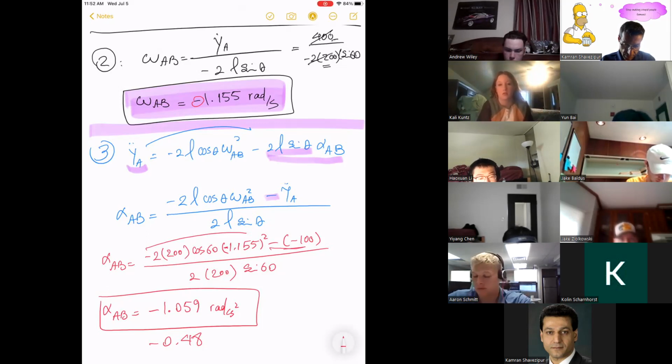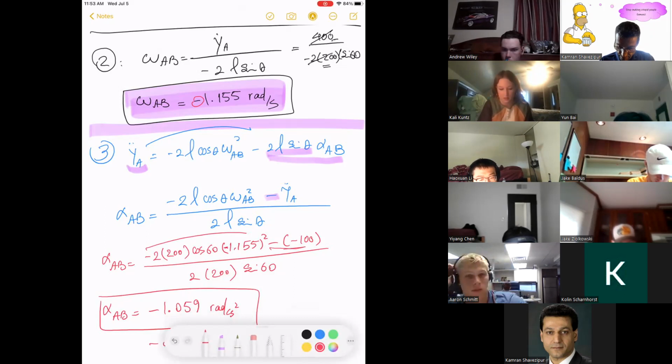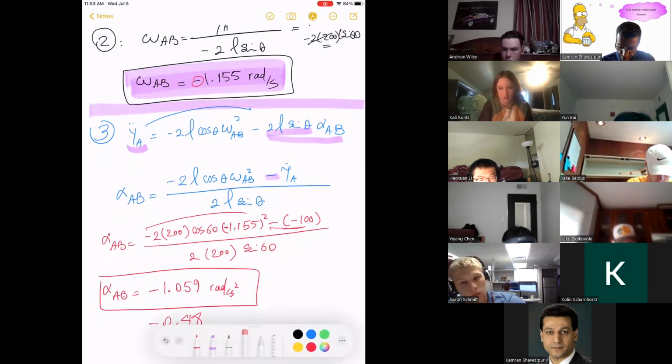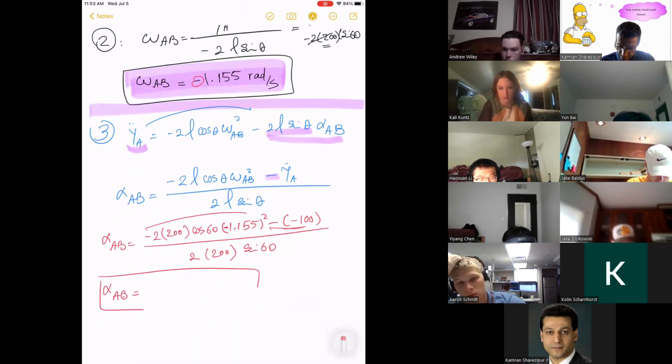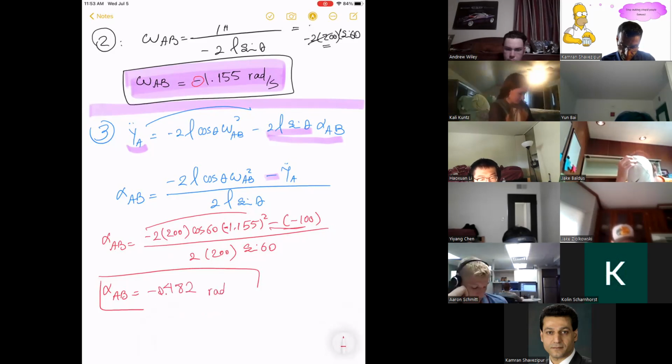Divided by 400. Then divided by 60. Sine. Yep, 481. You're right, as always. Minus 4.482 radian per square second.